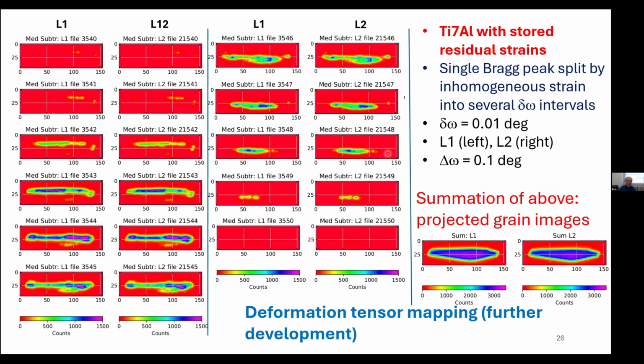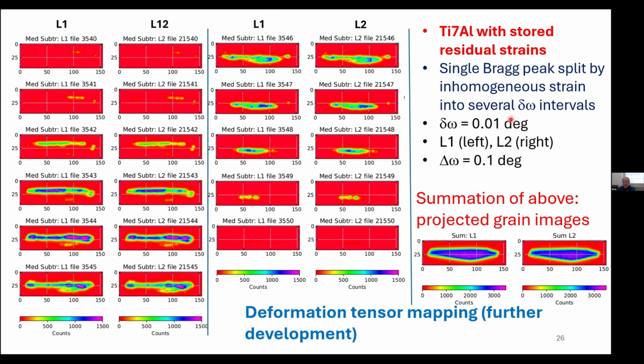These are all images of one Bragg peak in another Ti-7 sample. This time we measured it with 0.01 degree integration intervals, and you see that this one Bragg peak is spread out over a large number of images. The smaller rotation interval ought to lead to higher strain sensitivity.